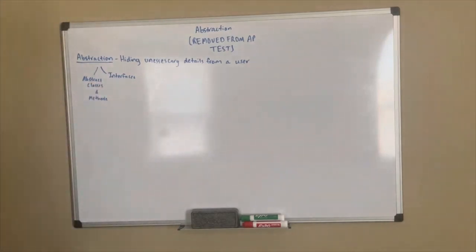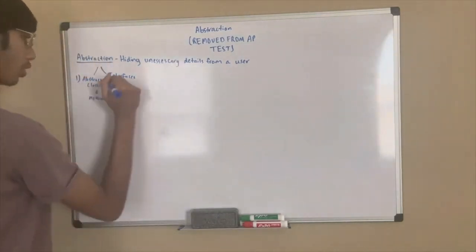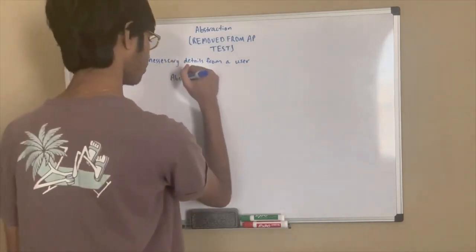Okay, let's go ahead and define the two. We're going with the first topic, so we're going to do this first, and we're going to cover this second. So, abstract class.